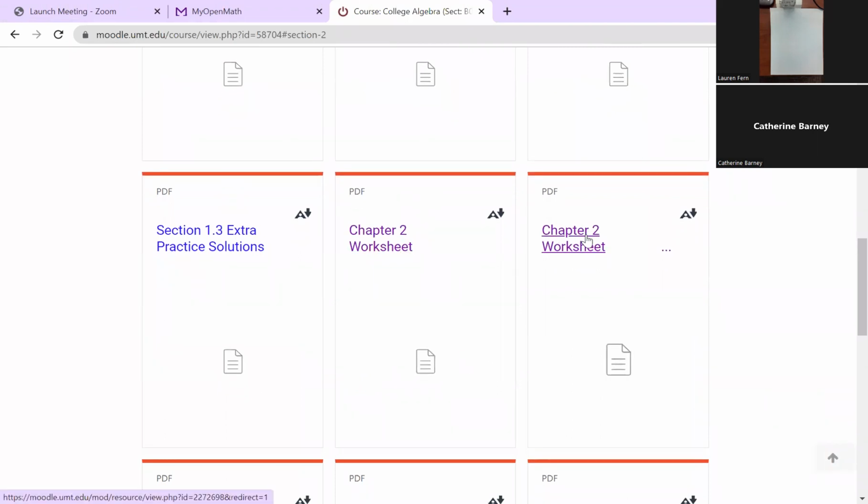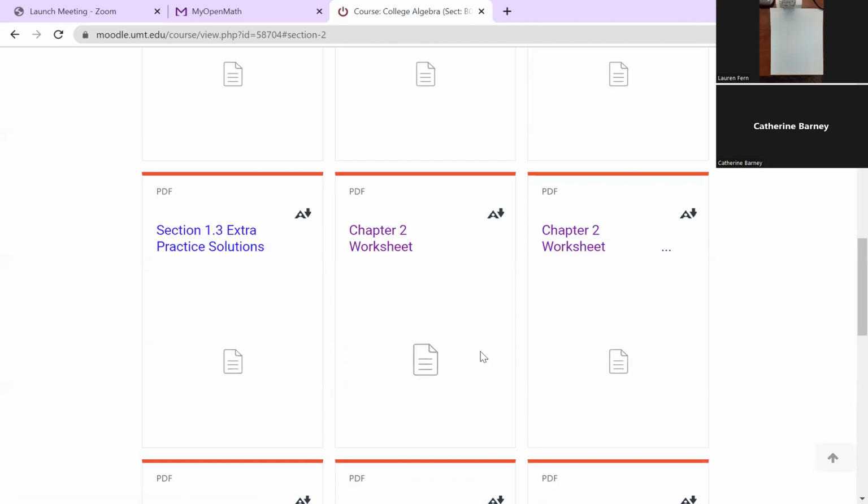Right here are the solutions. Do not look at the solutions until you have tried the worksheet, right? Because it does not help you to know what the answer is beforehand, because then you know what to work toward. It's much easier to follow work than it is to create it on your own.